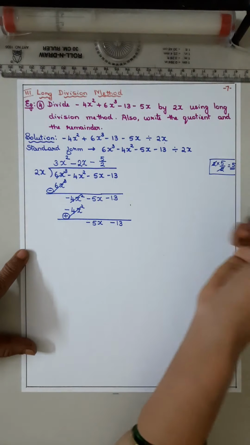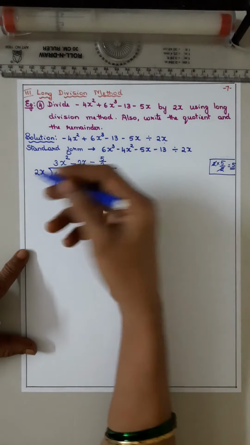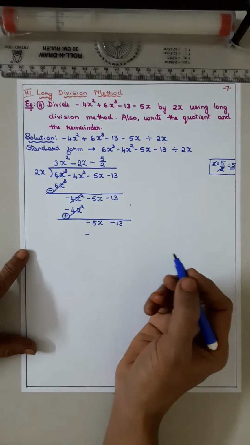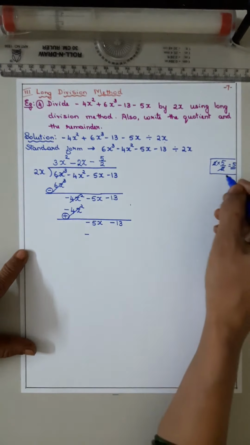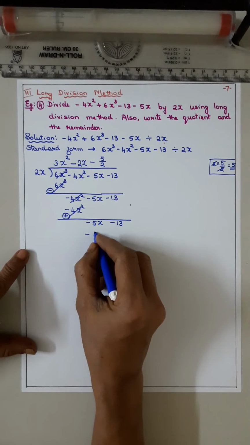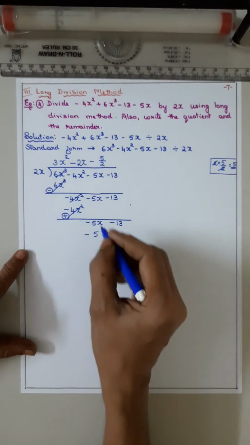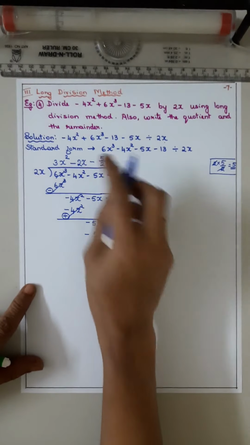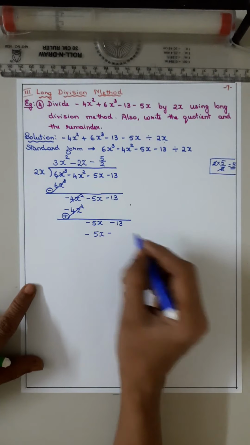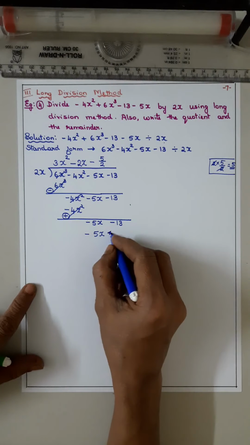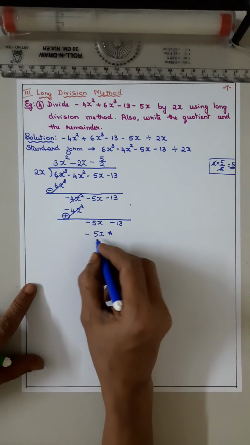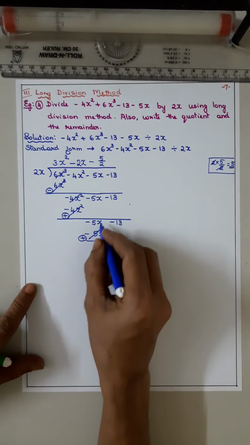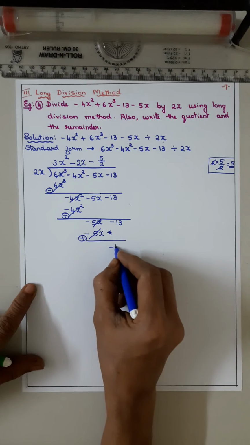So when you multiply, it is x and x, the same. So minus 5x. There is no x term directly in this one. This becomes plus, now this gets cancelled. Now minus 13.